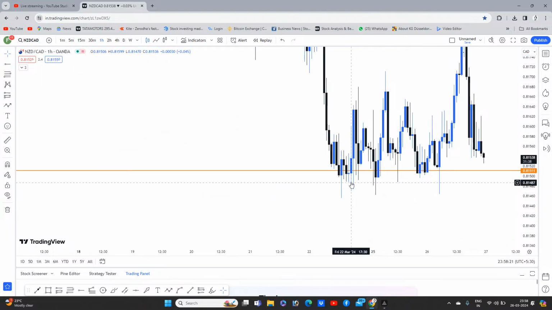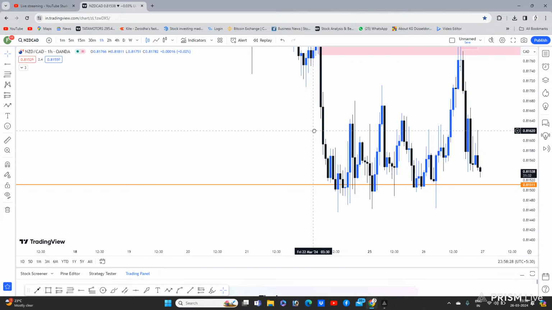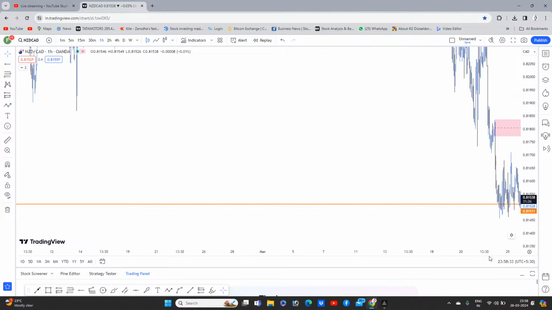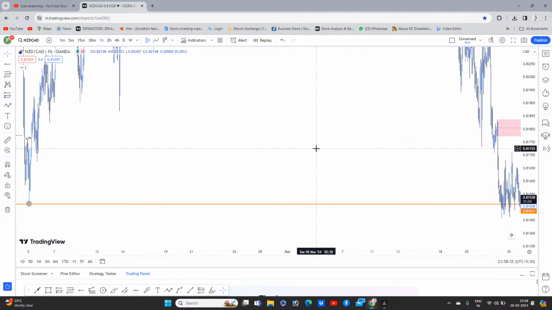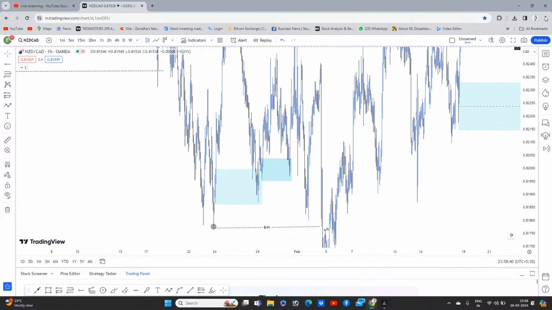When the market breaks this structure, we say that the market has taken the low and is now in a downtrend. The market has changed its character, which we studied yesterday. And this is how the smart money concept works.